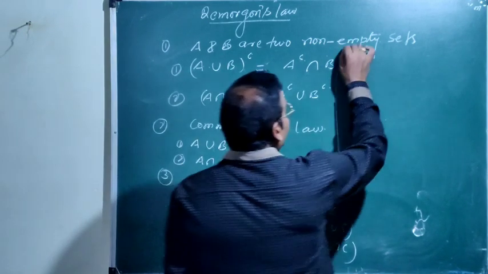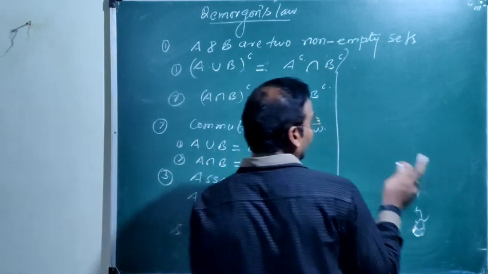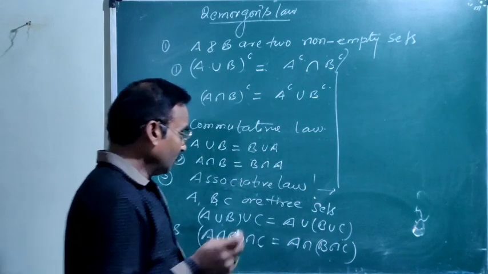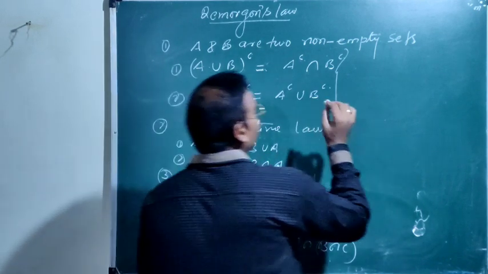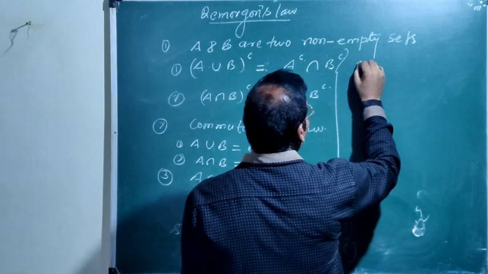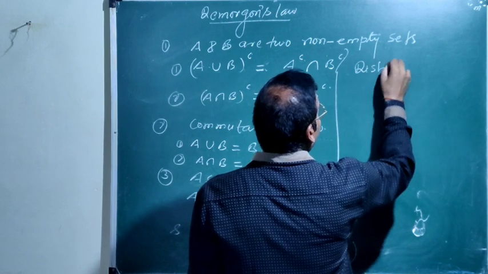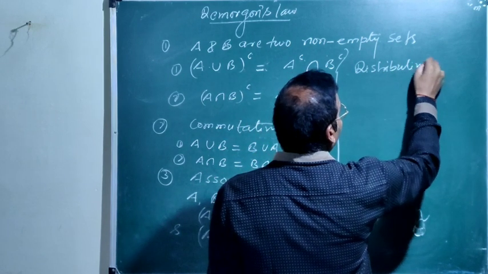In the same manner, there are two operations, intersection and union. The important property is the distributive laws.